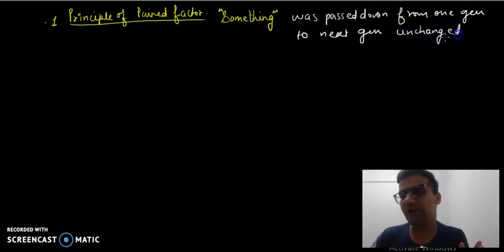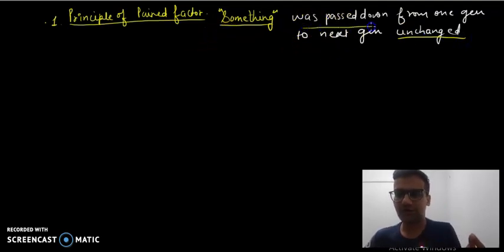So here the keywords are something and unchanged. Something is passed down unchanged from one generation to the next generation.